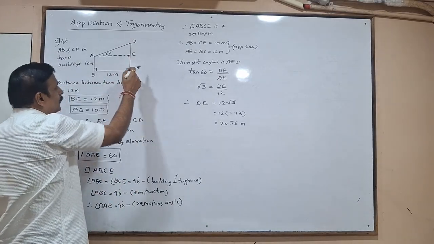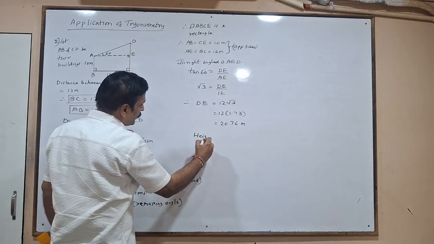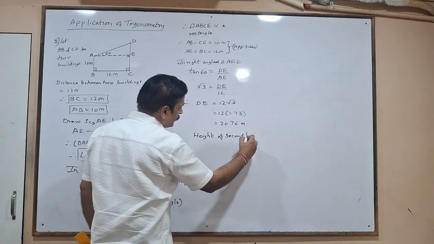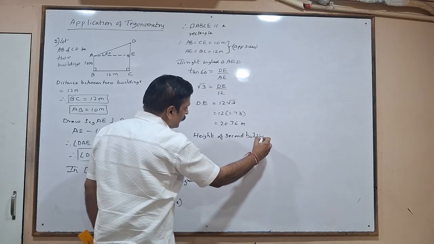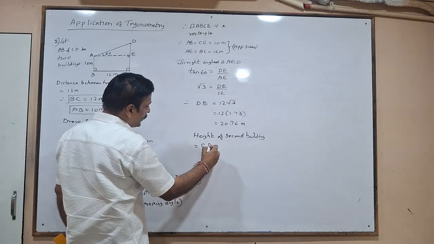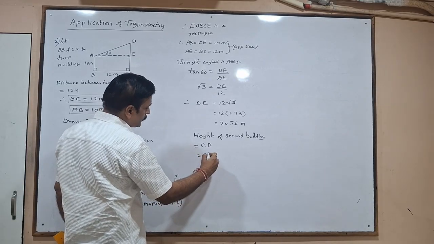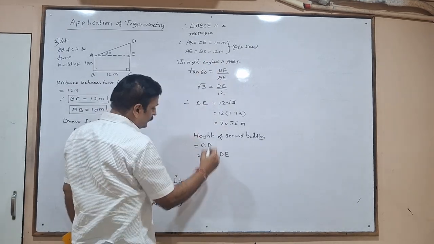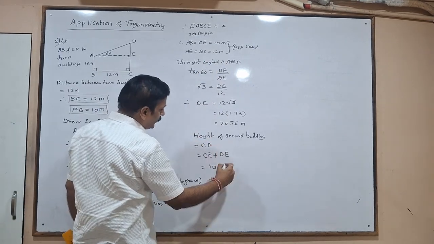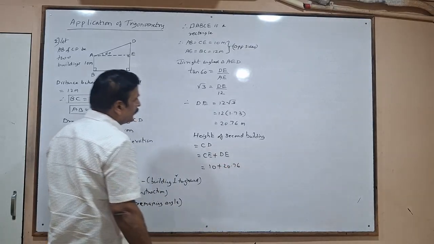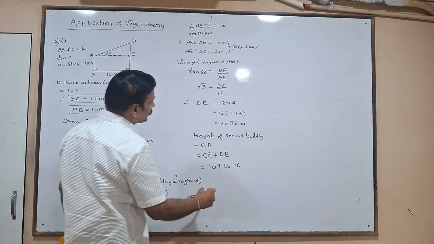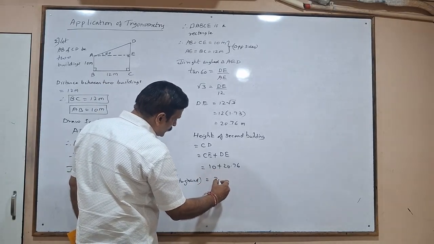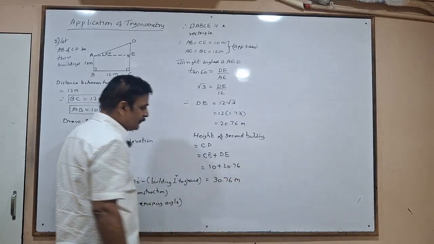I want the height of the second building. Height of the second building is equal to CD, which is CE plus DE. CE is 10 and DE is 20.76, which is 30.76 meter.